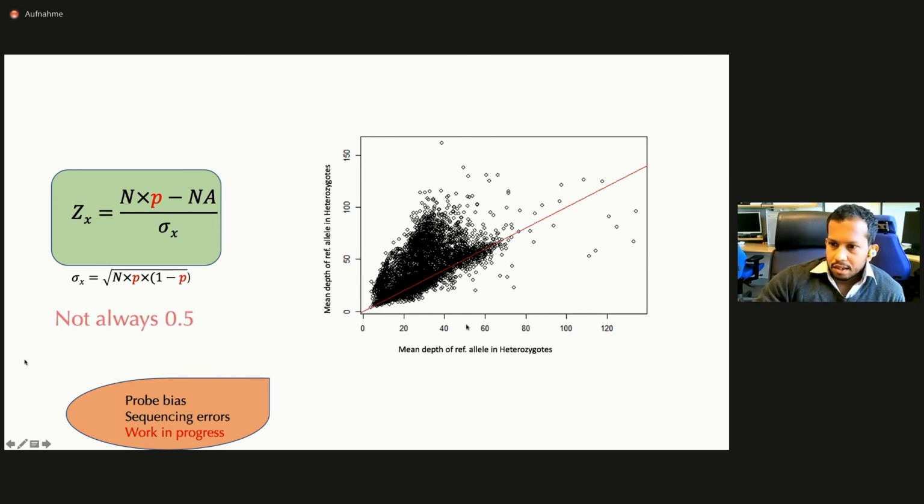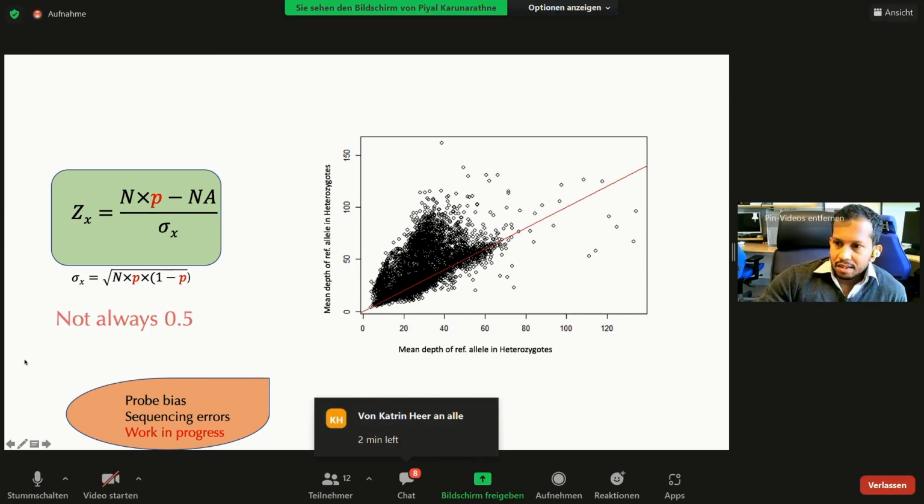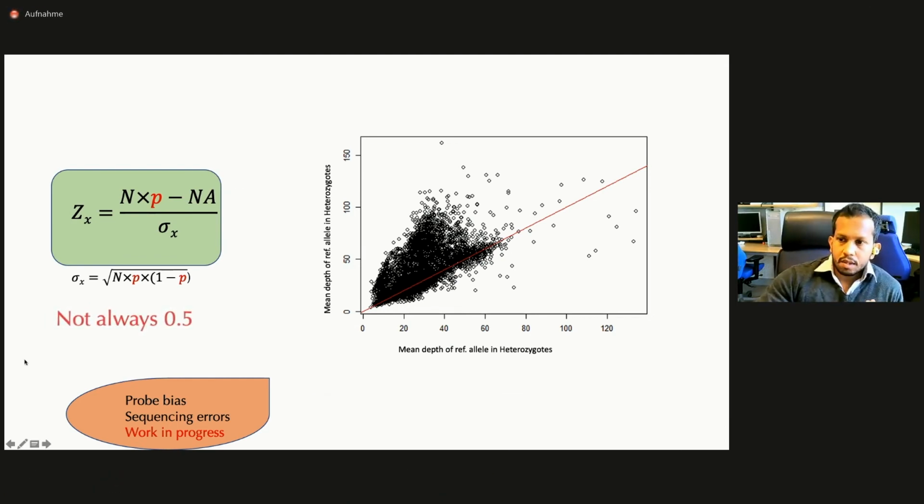If you plot the reference allele and the alternative allele, you can see some of them follow a correlation, which means there is some sort of bias in capturing the two alleles.